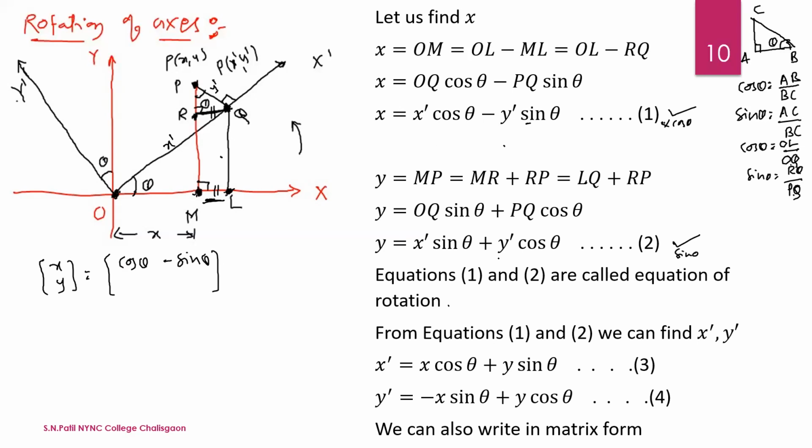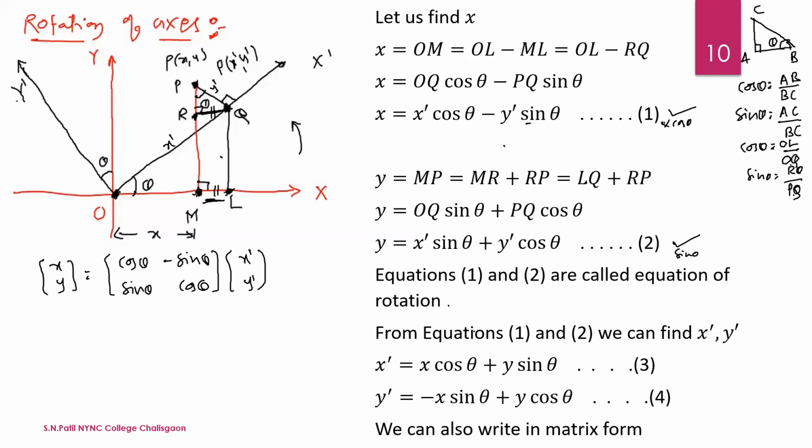Now equation number 2, the first row is sine theta and cos theta, the coefficients of sine and cosine, with x dash y dash. Now this is a matrix form, and this matrix is also called an orthogonal matrix. If we check its determinant, we get plus 1, and it is also called a rotational matrix.